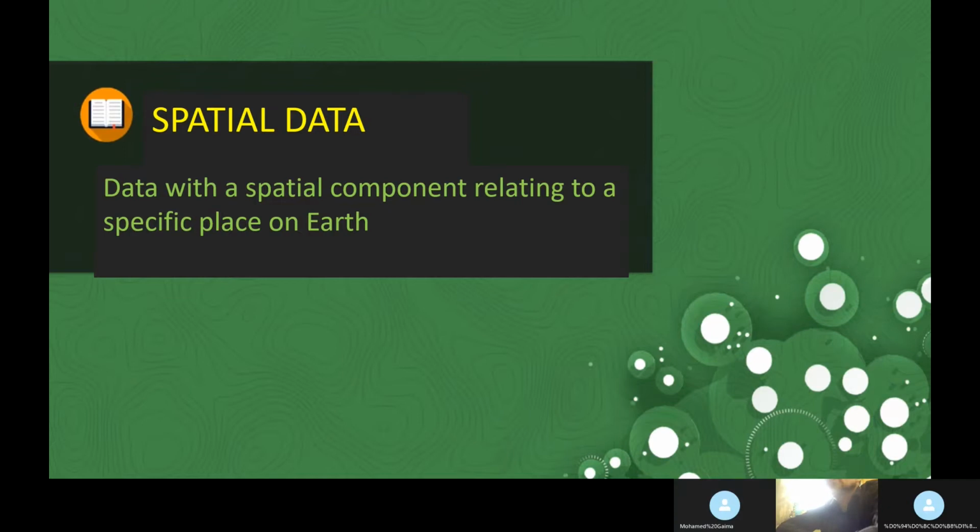Here's the definition of spatial data. It's data with a spatial component relating to a specific place on our planet, Earth.